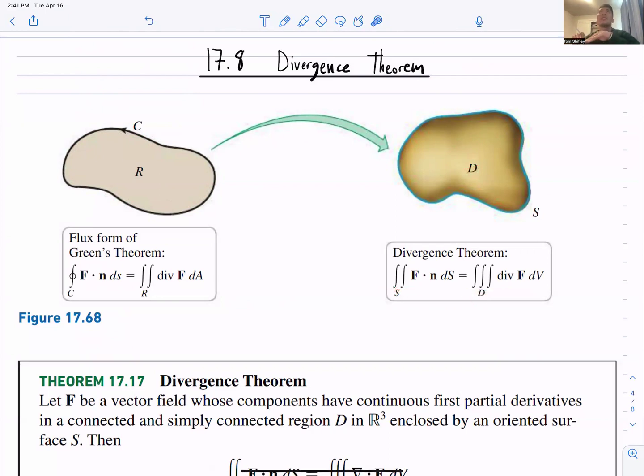Stokes' theorem is kind of a two-dimensional theorem, I would say, because it has to do with a surface, and you're taking an integral of a surface, which is a two-dimensional object. Whereas divergence theorem is saying you're taking the boundary of a three-dimensional object, and the boundary of a three-dimensional object is a surface. So it's kind of going from 2 to 3 dimensions. That's why it goes from a double to a triple integral.